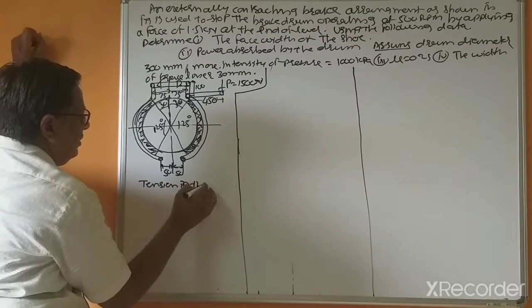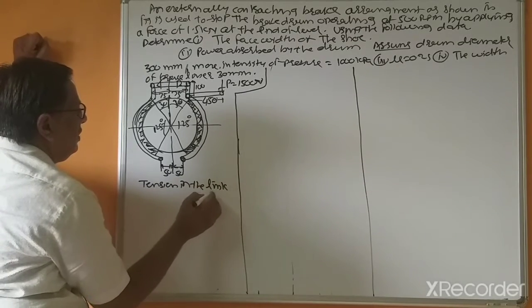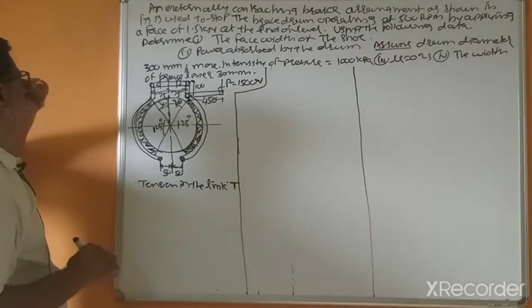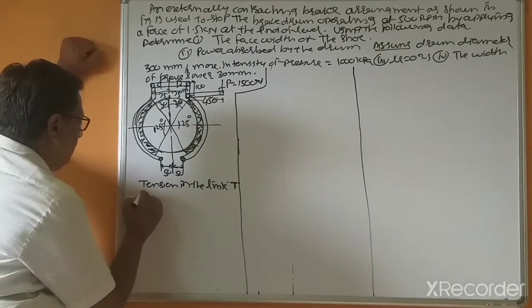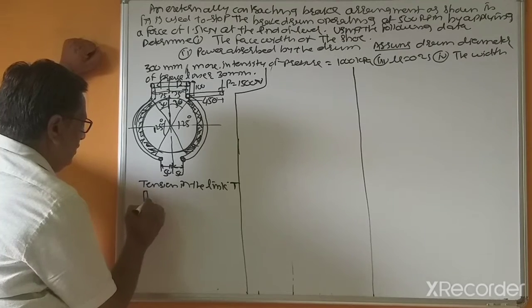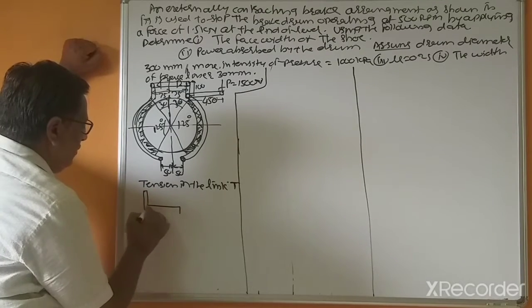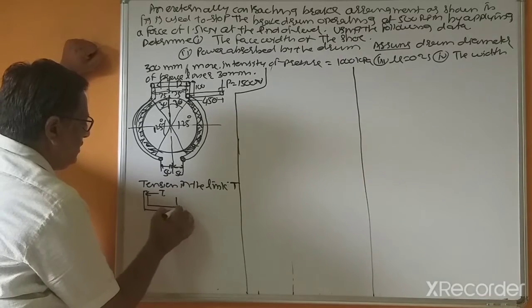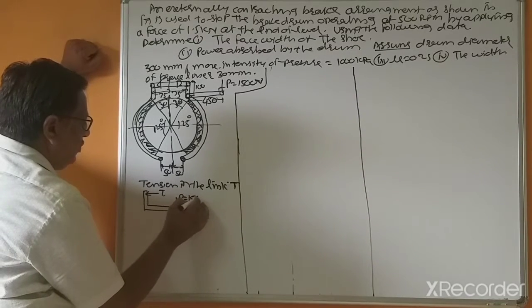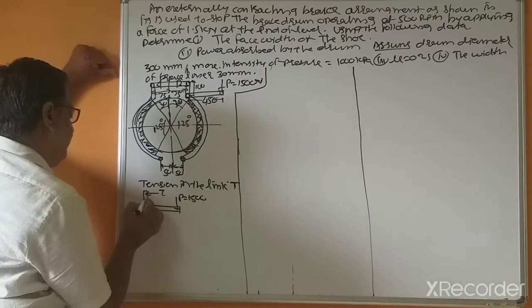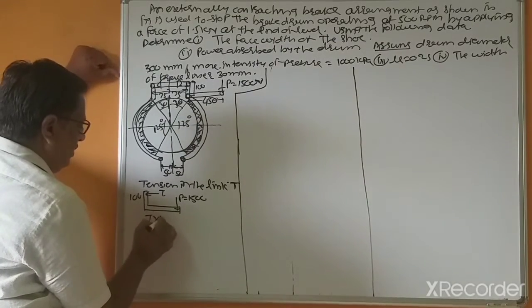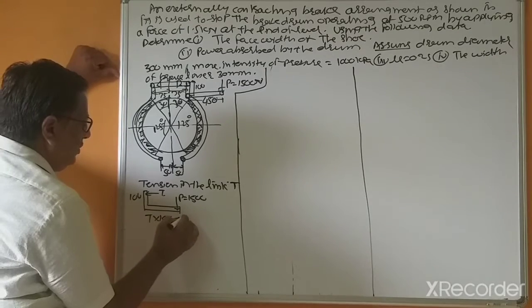Suppose that is T. So that's why here free body diagram, equal and opposite force acting. So this force is the T and this is P, 1500, and this is T. I think this distance is the 100. So T into 100 equal to P into 450.